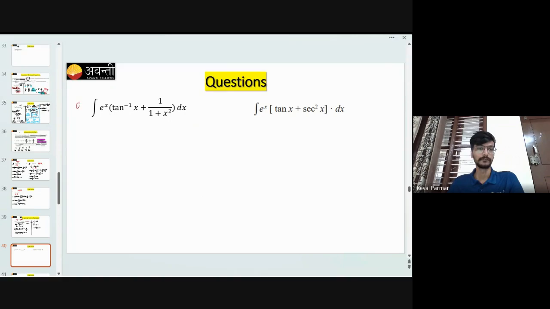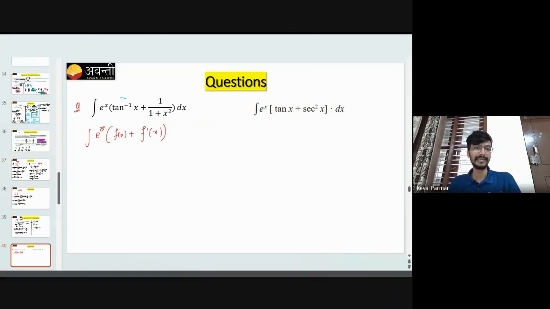So for this, as you can see, the format is of that type. So I can say integration of e raised to x, tan inverse x (let's take it as the function), plus what is the derivative of tan inverse of x? It is 1 upon 1 plus x square. So that means it is f dash of x.